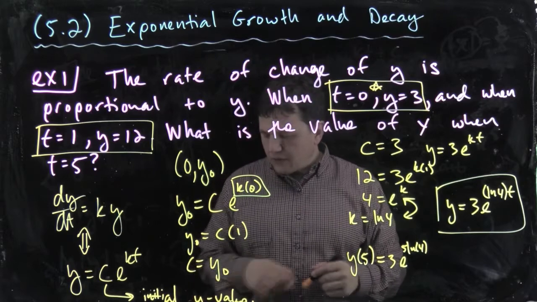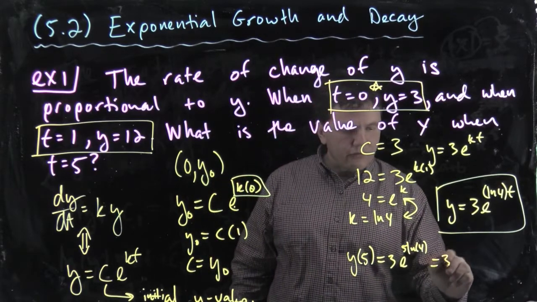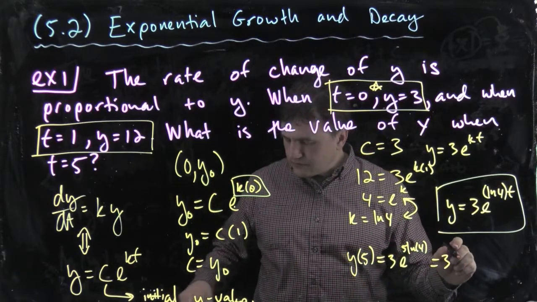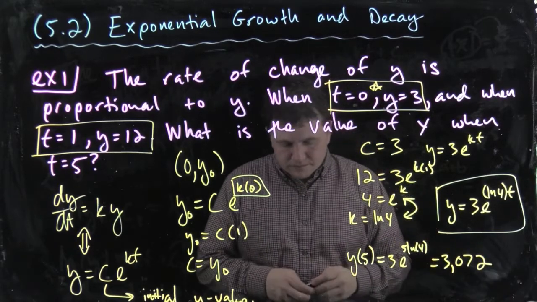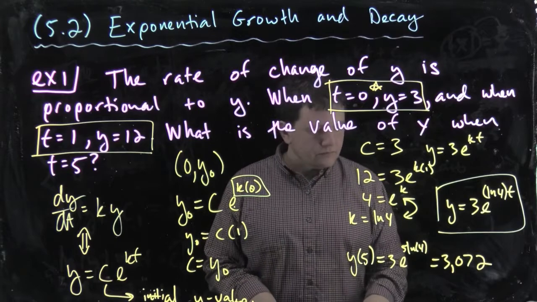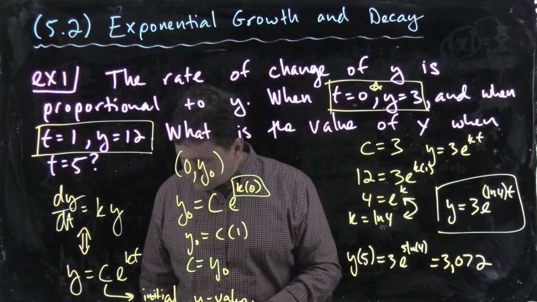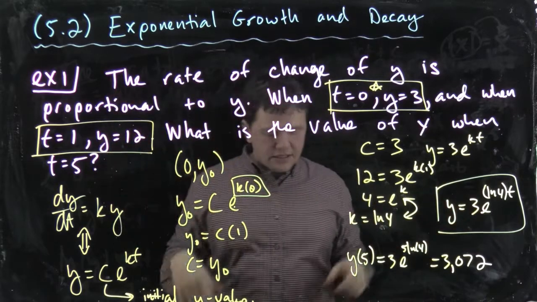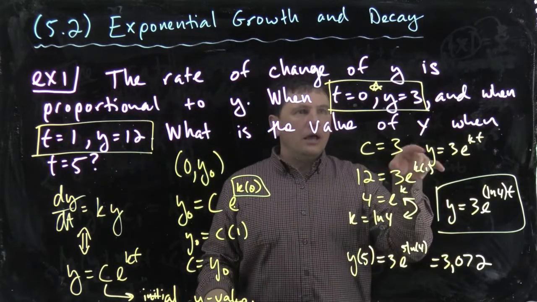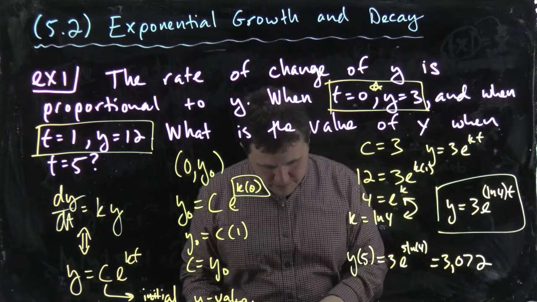Let's plug that into our calculator, and what we get is 3,072. Okay, so once again, the only calculus was recognizing this. Let's go ahead and do some more examples.